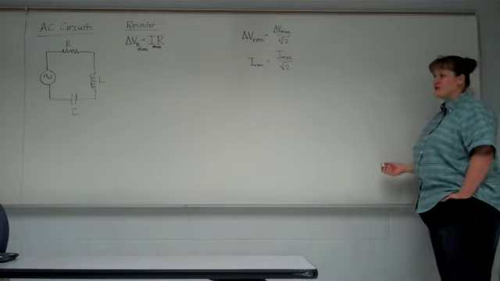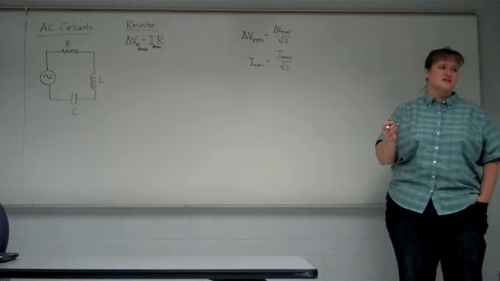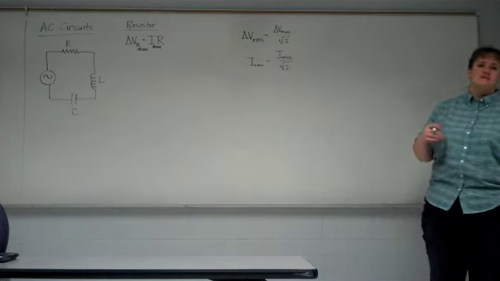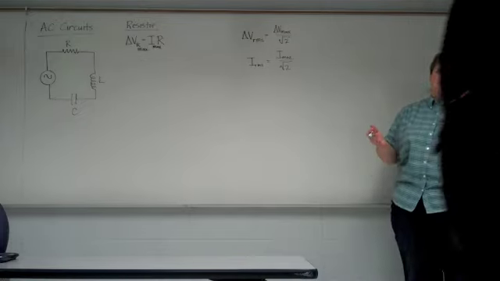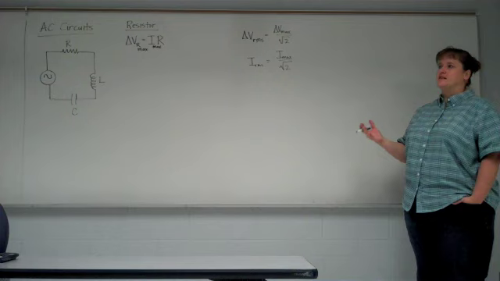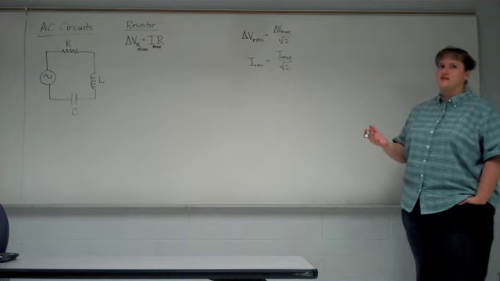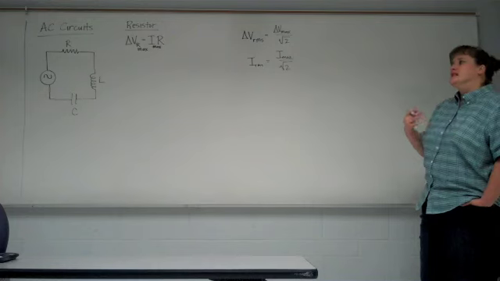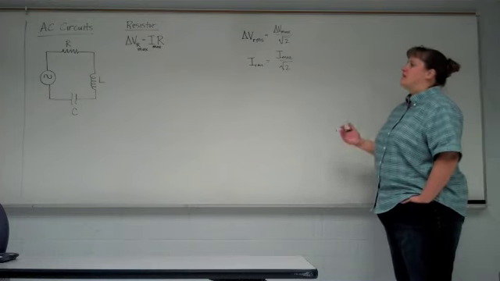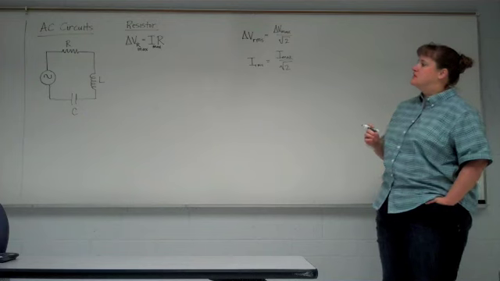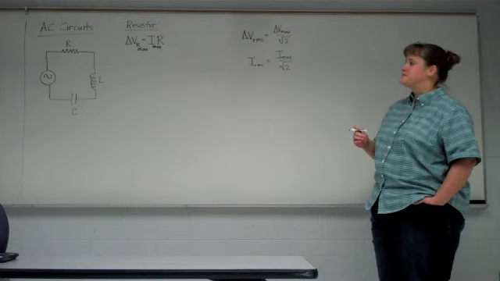Since these are sinusoidal functions, the true average is going to be 0. But on average, there's nothing happening. That's a little confusing. There are things happening in the circuit, and therefore we do talk about the RMS value.